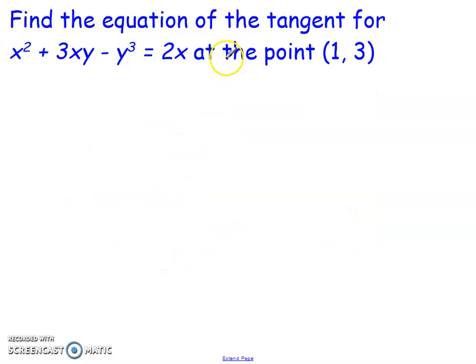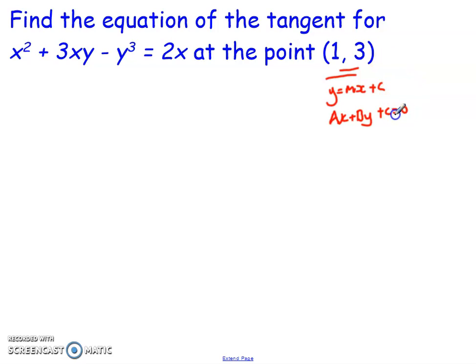Now the second question wanted me to find the equation of the tangent for this curve at this point 1, 3. So what I have to do is remember to get the equation of the tangent, it's a straight line equation. So I want y equals mx plus c essentially to be the format, or the ax plus by plus c equals 0.